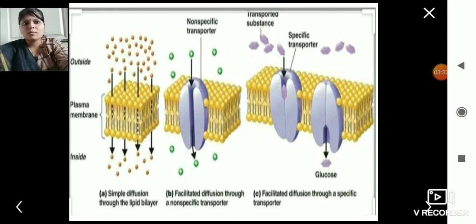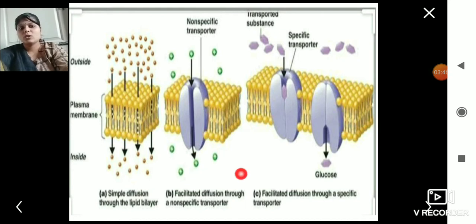So here you have a specific transporter which has a specificity. Only one specific protein is allowed inside, and there is also a non-specific transporter through which it can allow substances inside. So here is the transport membrane, with transported substances allowed with a specific transporter.